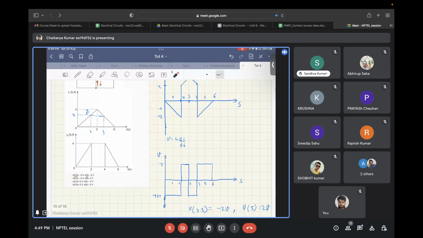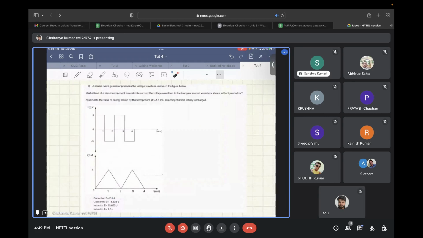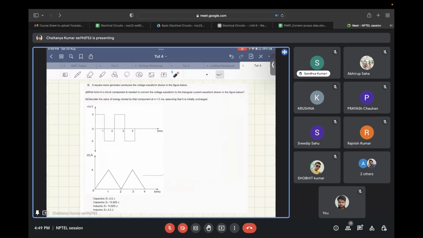Okay, so let's move forward. Here there is a square wave generator that produces the voltage given as v(t), and when this voltage is applied across an element, you get a current that is triangular in nature.